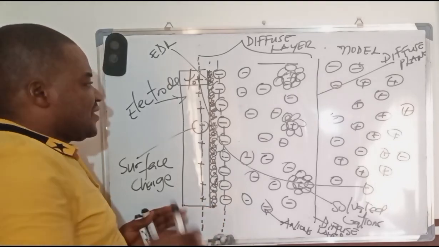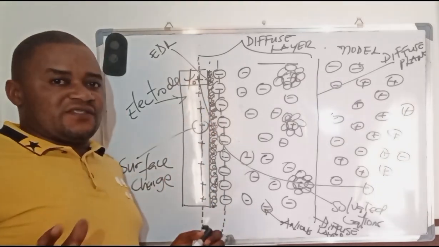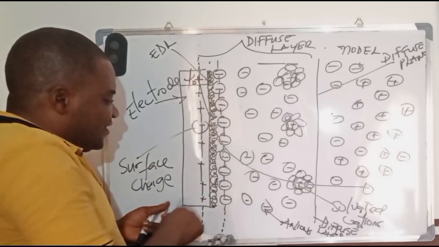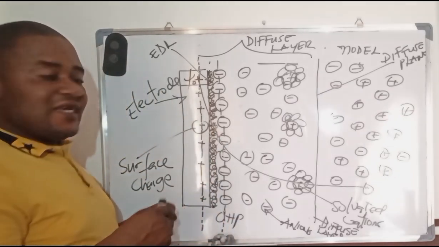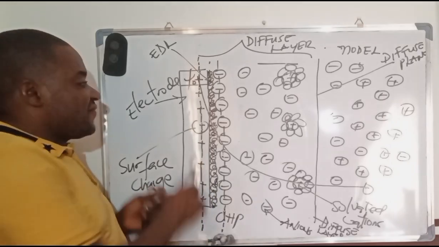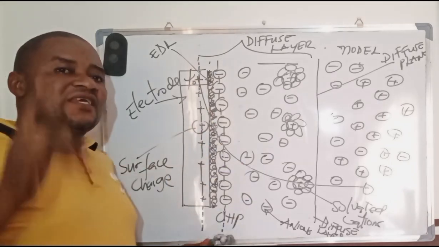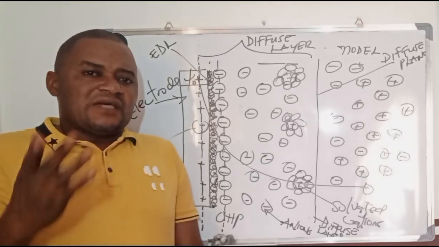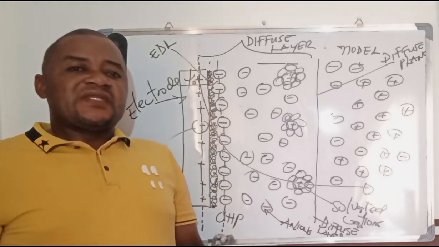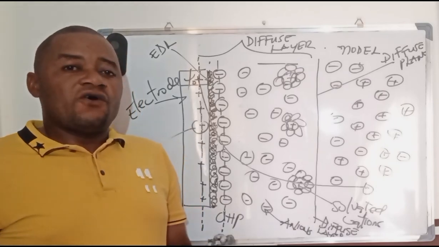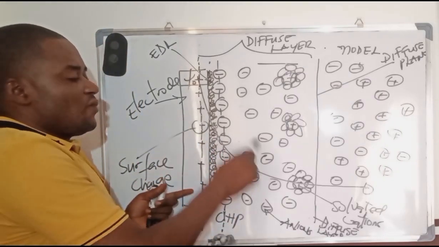Unlike Helmholtz, who says these charges are rigid, and even the outer Helmholtz plane is rigid, so you cannot have any of these charges diffuse into the solution. That is why Helmholtz had a problem, because he believed there was no diffusion or mixing of the charges on this surface with the solution.